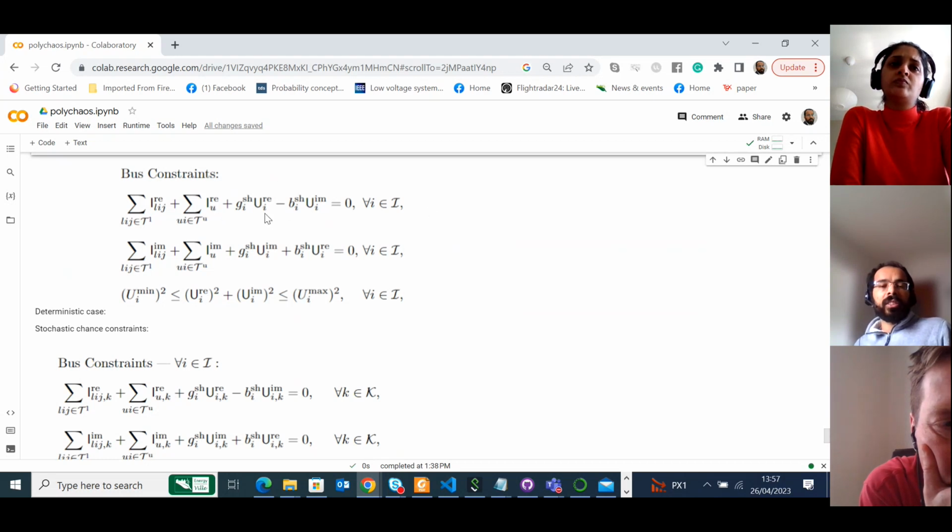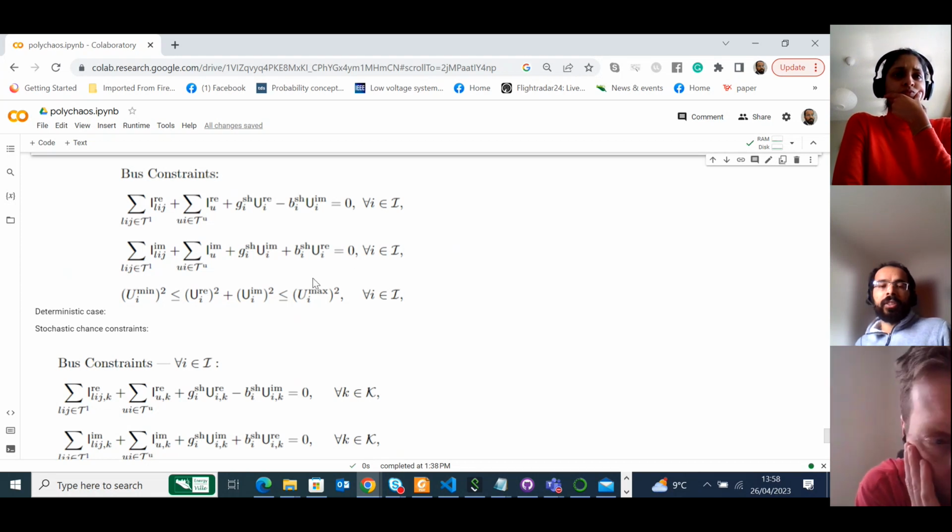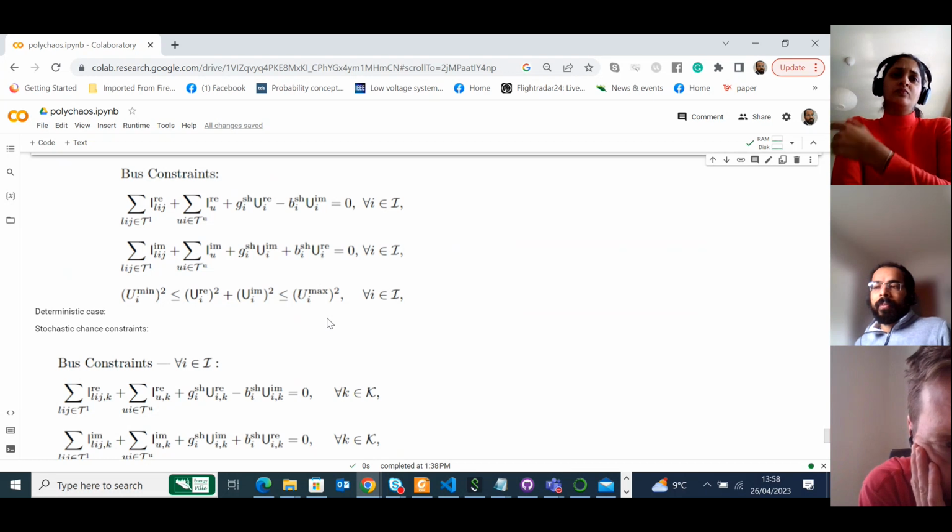And these are the shunts, I think. The same holds for the imaginary currents. These two are linear constraints, and if you implement them in a Galerkin projection sense, you do nothing, you just replicate them k times. K is basically the coefficients. So if you have 6 coefficients, you rewrite this equation 6 times.